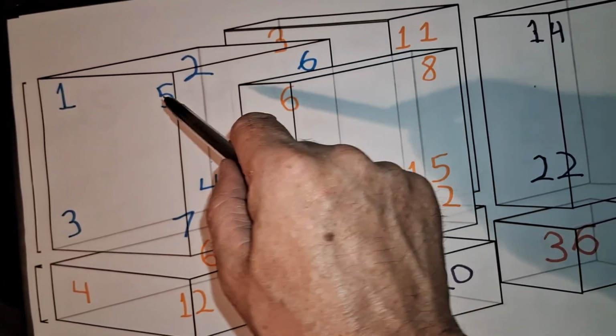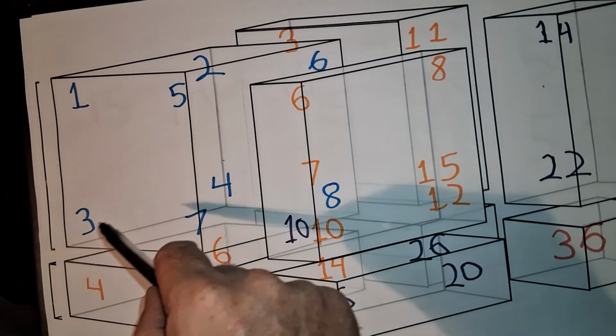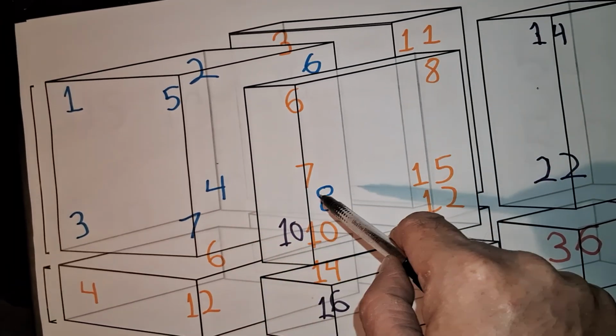1 and 2 is 3, 5 and 6 is 11, 3 and 4 is 7, 7 and 8 is 15.